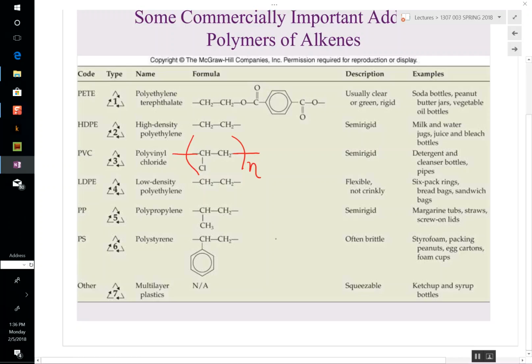That styrene, you'd have started out with a molecule like this. And we'll get into the aromatics in a minute. So you'd end up with ethylene, but you have a benzene ring. And now on every other carbon, there's going to be a benzene ring, a benzene ring, a benzene ring. You get polystyrene.